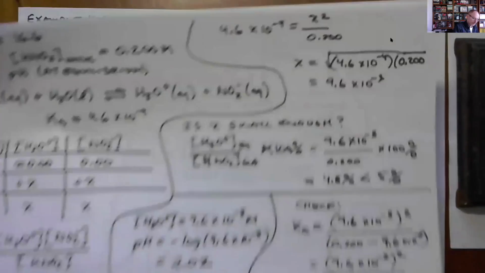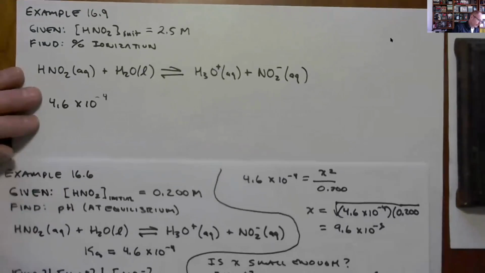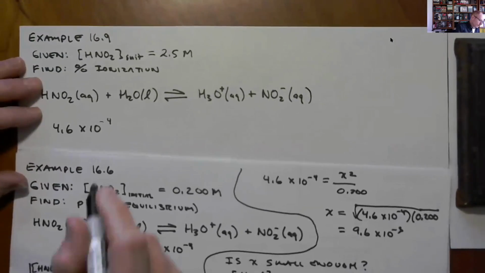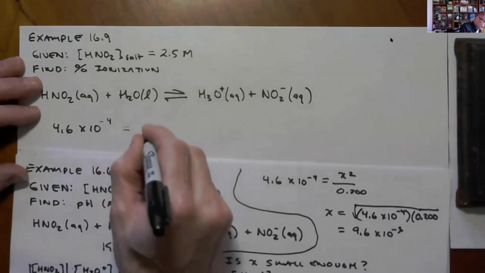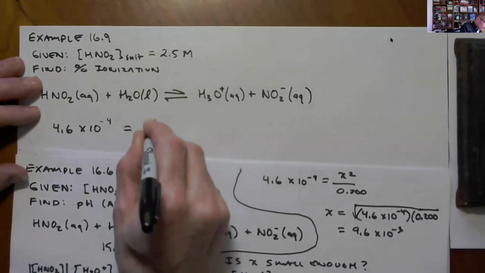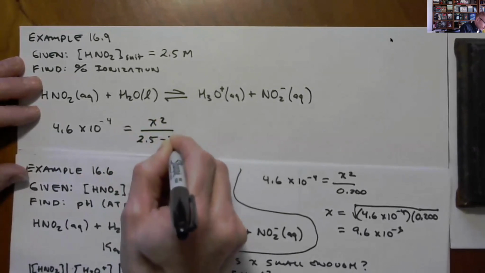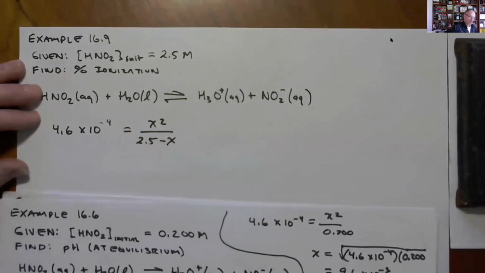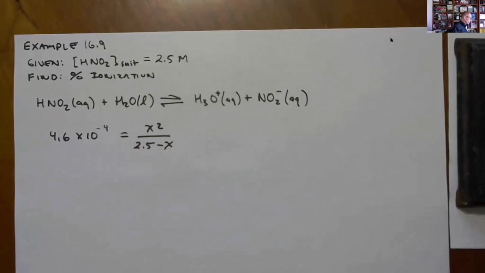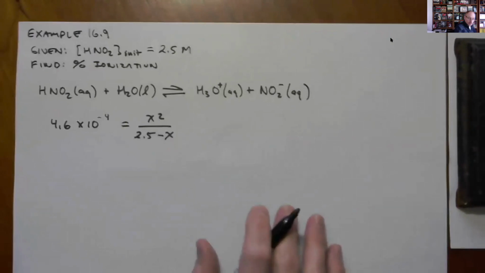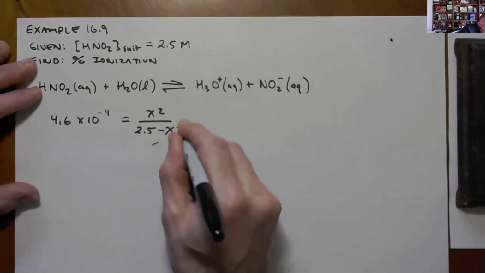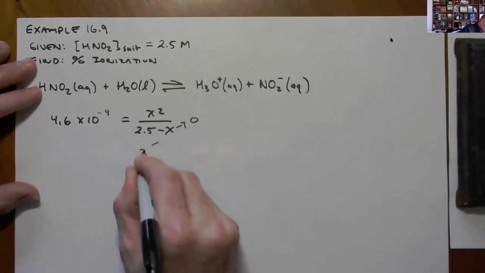And again, Ka is just the equilibrium values. So we'll go ahead and write this out. In this particular case, it's going to equal x squared over 2.5 minus x. Now, proceeding with this problem, we'll go ahead and invoke the x is small approximation.